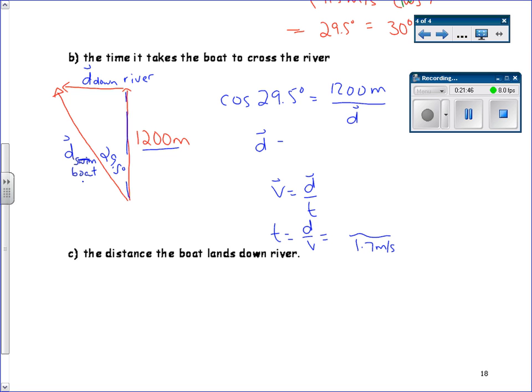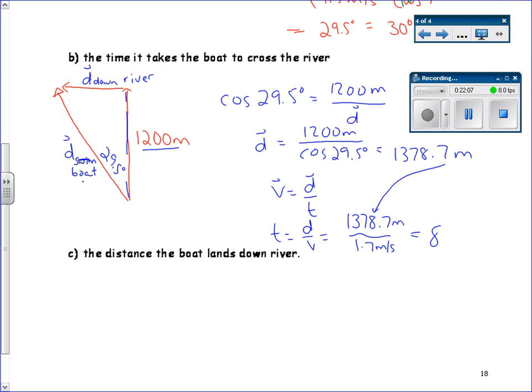So d is going to be 1,200 meters divided by cos of 29.5 degrees, which is 1,378.7 meters. So then that becomes our distance here, 1,378.7 meters. When we divide that by 1.7 meters per second, we get 811 seconds, right? Or 8.1 times 10 to the 2 seconds.